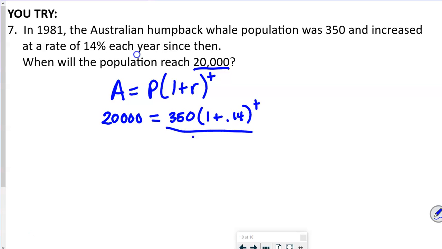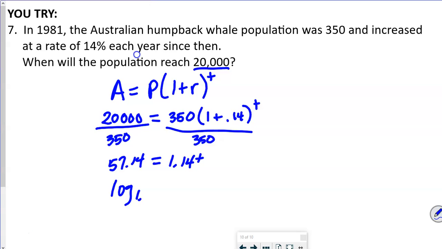So here again, we're going to divide by 350. And I went ahead and found a number for this. This was 57.14. And that's equal to 1.14 to the t power. Turn it to a log base 1.14 of 57.14 equals t. So we're going to put this in change of base formula now.